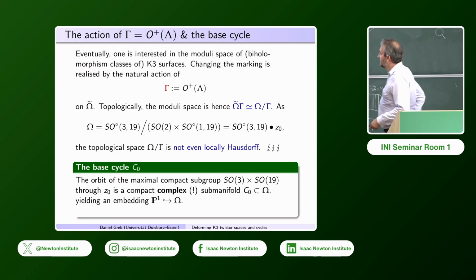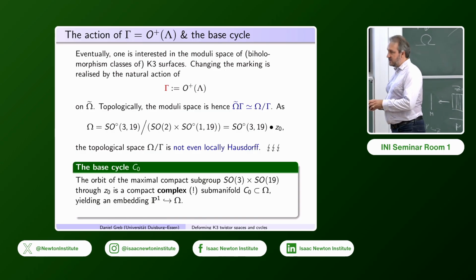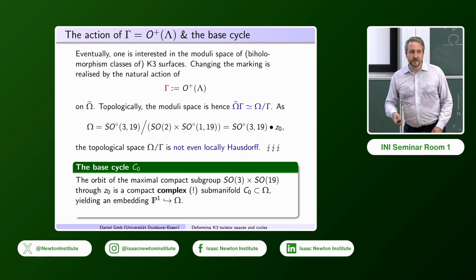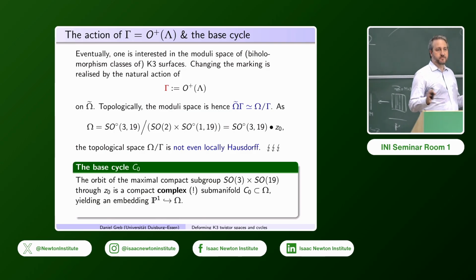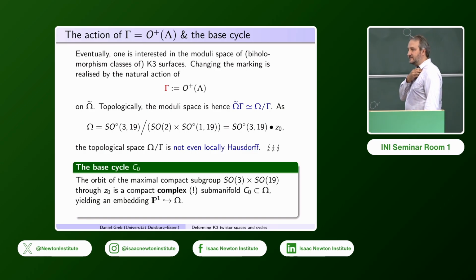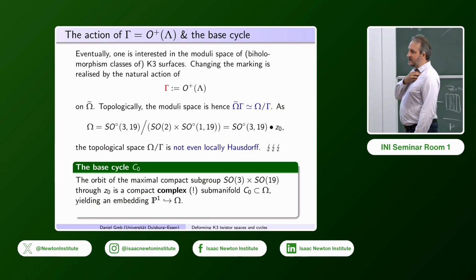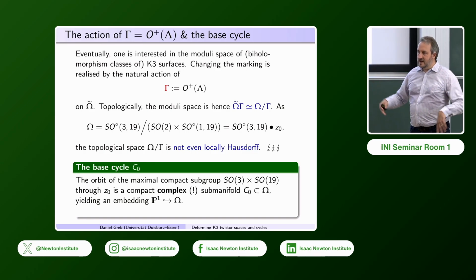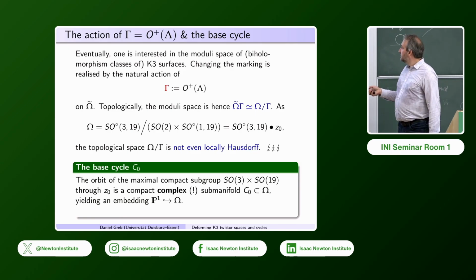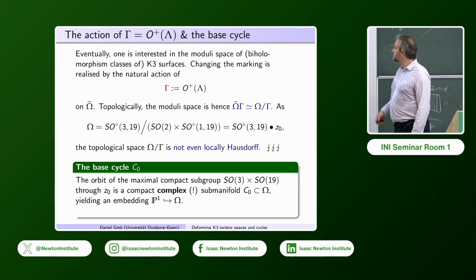However, as a Lie theorist, if you have this non-compact subgroup in this group here, the reflex is to look for the maximal compact subgroup. Every one of you can compute the maximal compact subgroup of SO(3,19). It's O(3) times O(19), and then you make sure that the determinant is still 1. So essentially it's this.